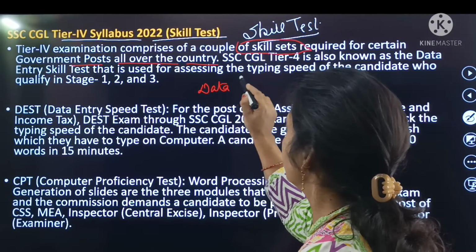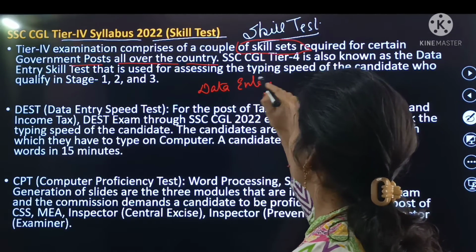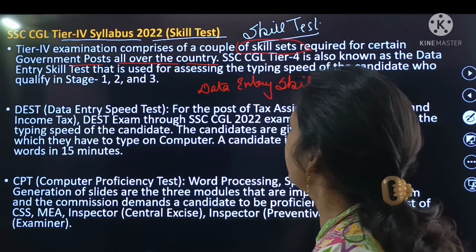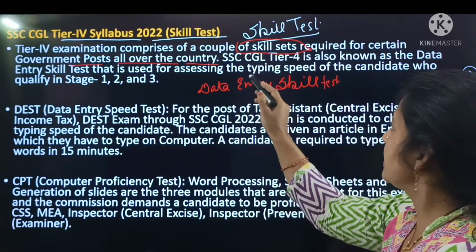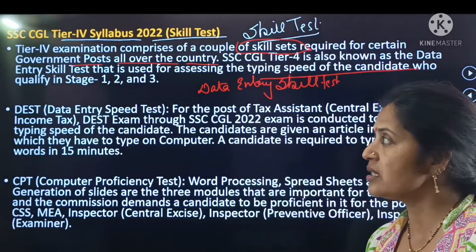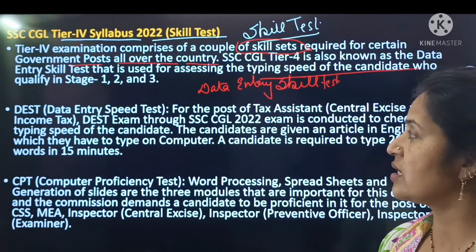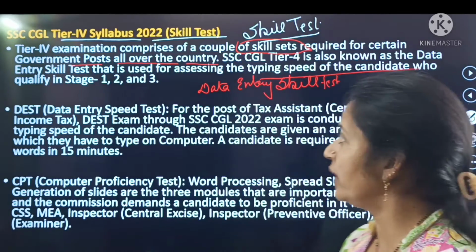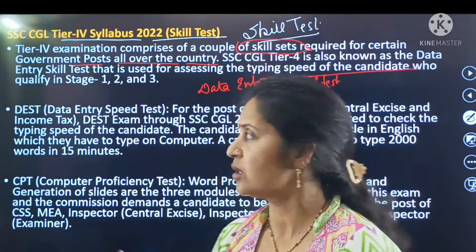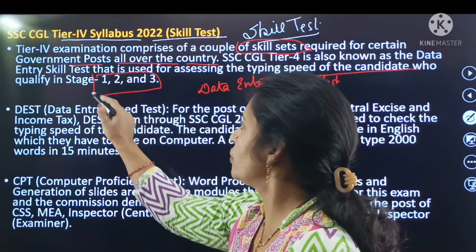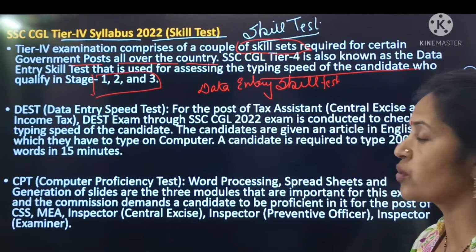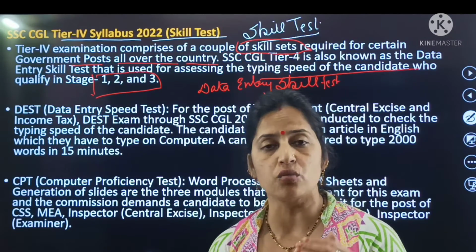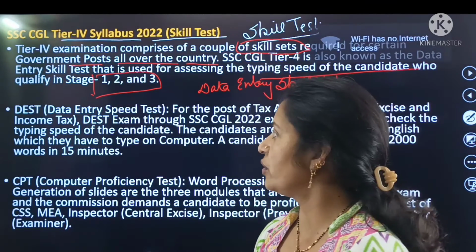The data entry skill test is used for assessing the typing speed of the candidates who qualified in stage 1, stage 2 and stage 3.